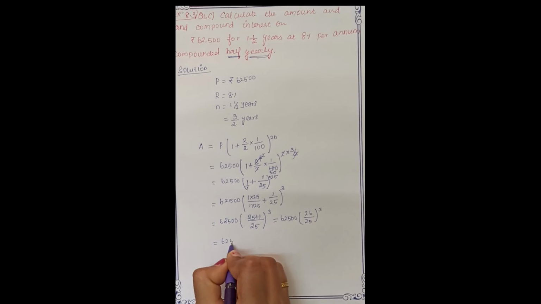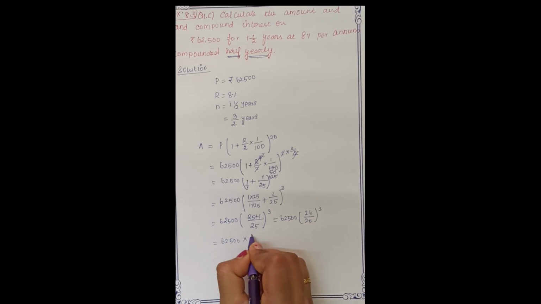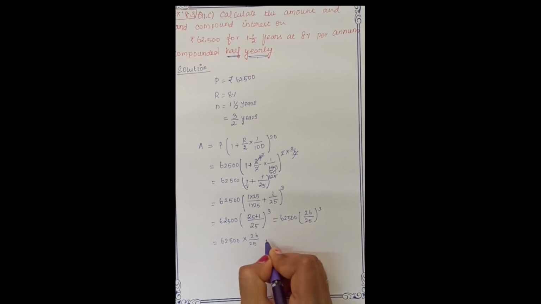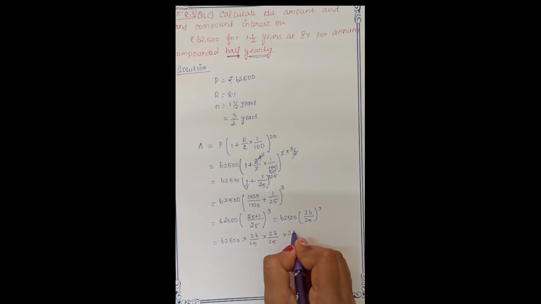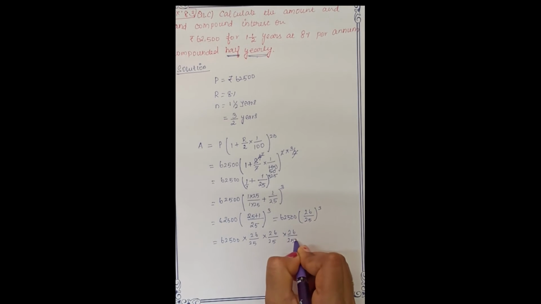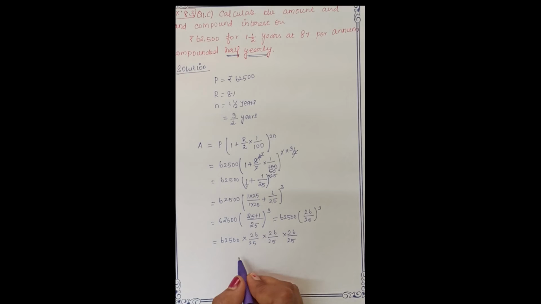Power 3 means we need to write 3 times: 26 by 25 into 26 by 25 into 26 by 25. So now we will cut this 25 and this 62,500.